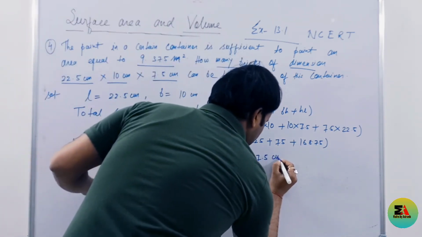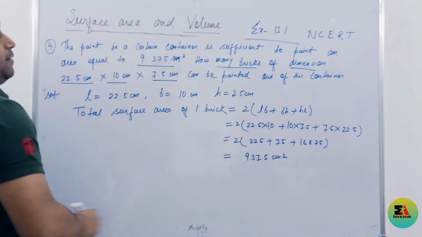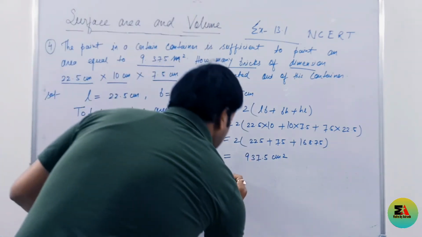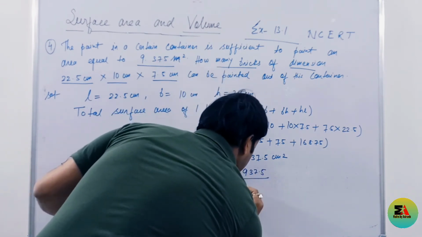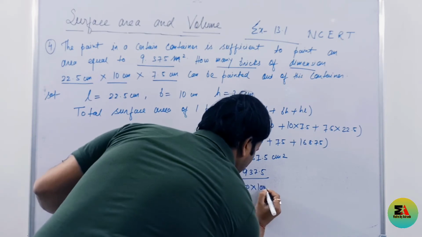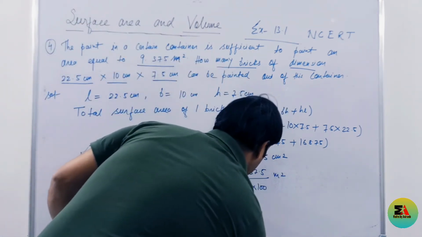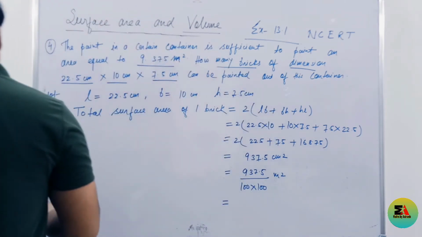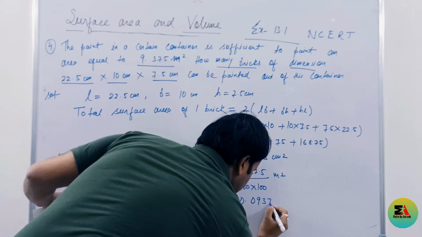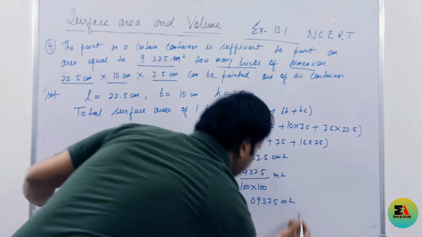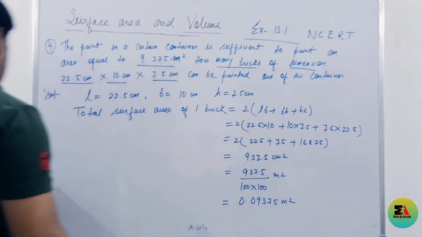Now solve this part and we get 937.5 centimeter square. This one is in centimeter and our paint area is given in meter form, so we have to change to meter. 937.5 by 100 into 100 meter square. This becomes 0.09375 meter square. This is the total surface area of one brick.